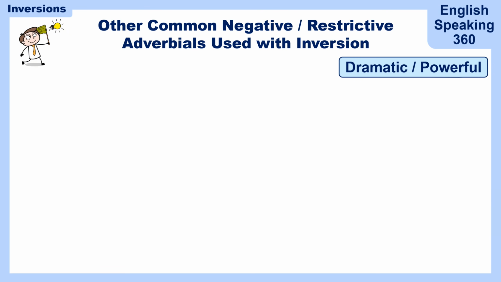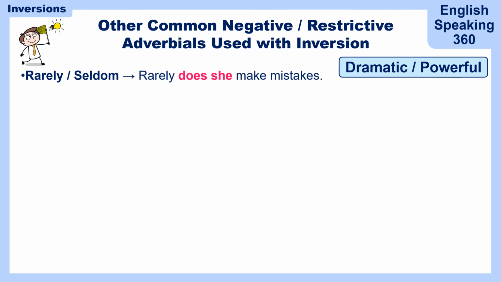Now, there are many other common negative or restrictive adverbials that are used with inversion. So here I want to give you as many as possible because they are very useful in English. Rarely or seldom. Rarely does she make mistakes. You notice here, rarely she makes mistakes. No, it doesn't work.